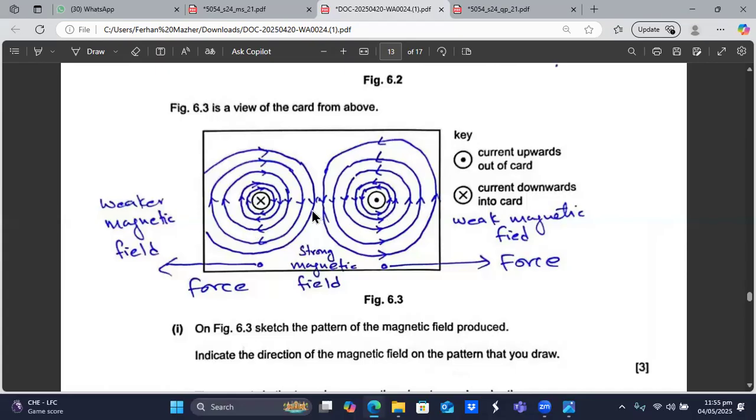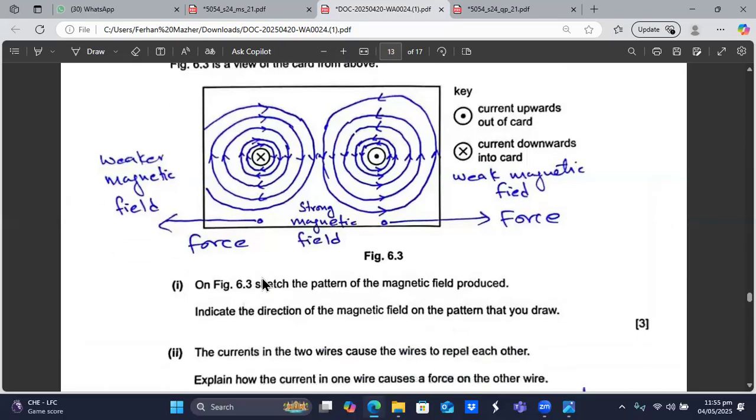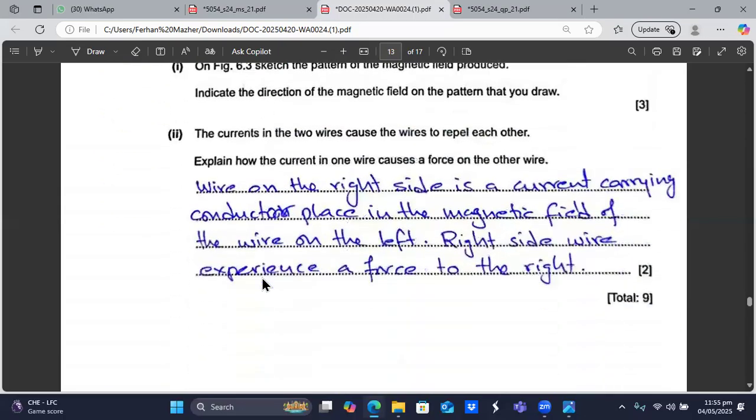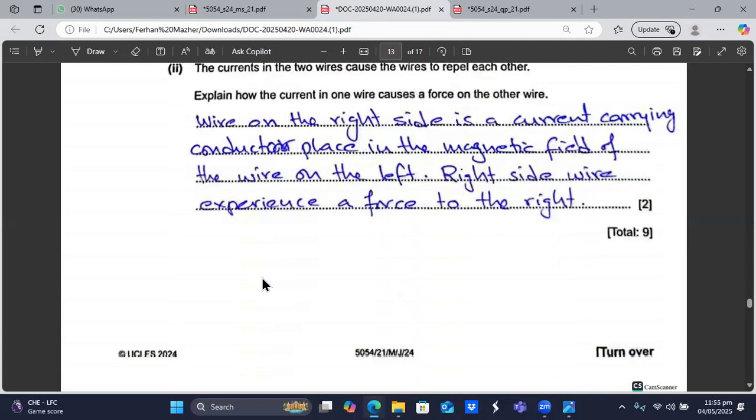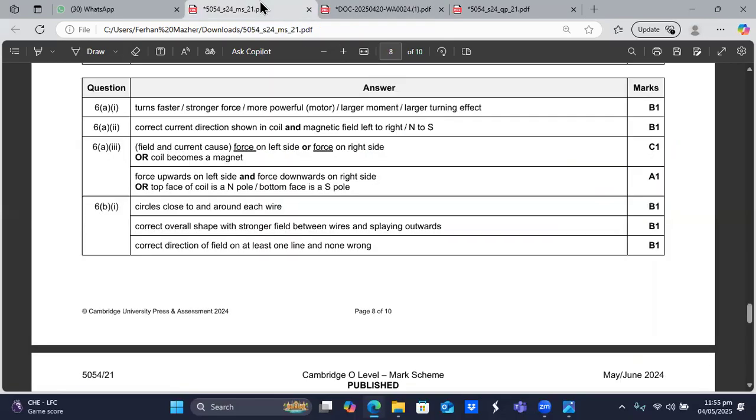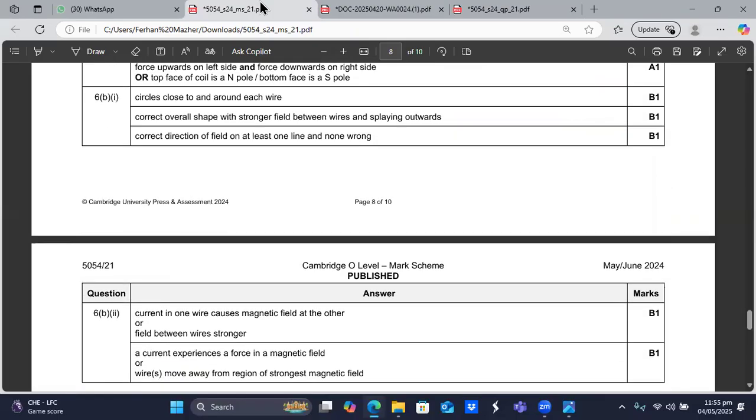So due to the motor effect, this will experience a force on it. It's a 2 marks question. The wire on the right side is a current carrying conductor placed in the magnetic field of the wire on the left. The right side wire experiences a force to the right. It will be repelled. So I think we are done with this.